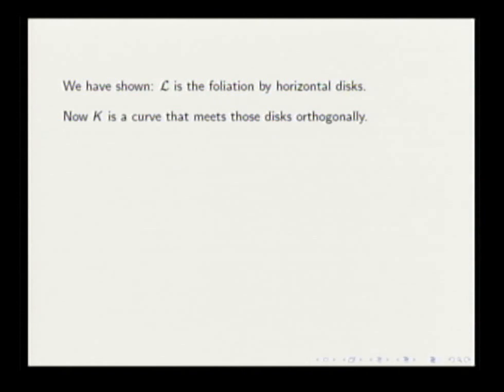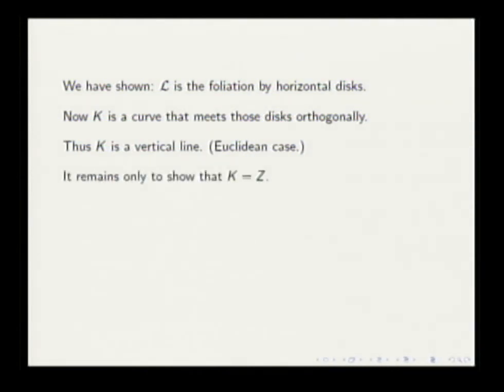And now, the blow-up set has to be a curve that meets all those disks orthogonally. Let's say we're in the Euclidean setting, so that means it's a vertical line. So the lamination is all the horizontal disks, and the curvature blow-up set is a vertical line. In the Euclidean case, let's just talk about that. The only thing we have to show is it's actually the z-axis and not some other vertical line.